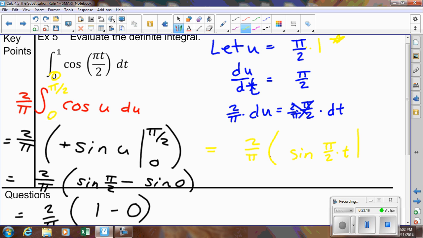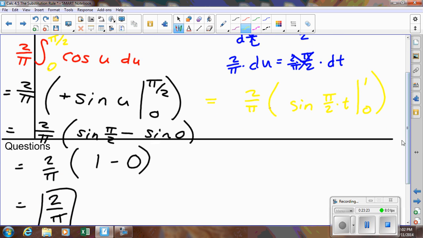But then it would have been evaluated from the t value of 0 up to 1. And you'll note that would have been 2 over pi times the sine of pi over 2 times 1, minus the sine of pi over 2 times 0, which is just 0. And you see how you get the exact same answer?